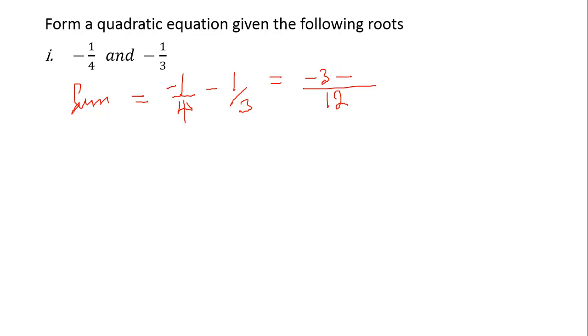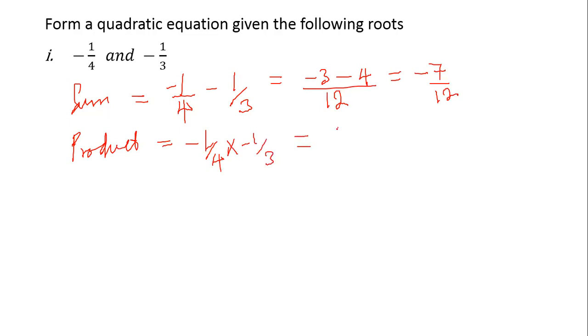Then 12 divided by 3 is 4 times -1, which is -4. So -3 minus 4 is -7, and we divide this by 12. Then we get the product, which is -1/4 times -1/3. This will give us 1/12.